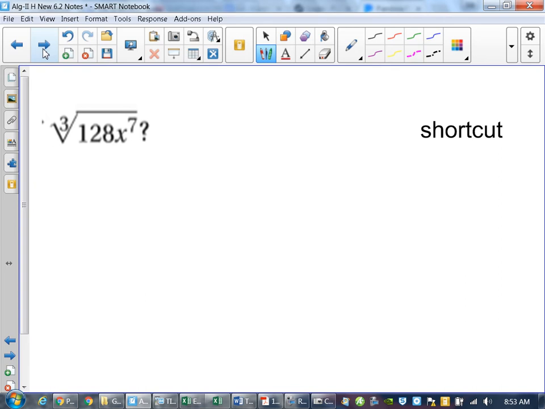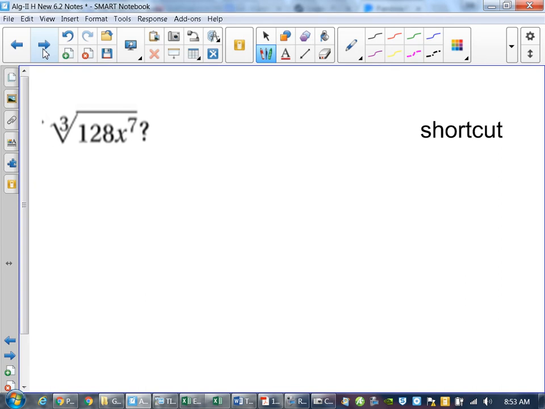Cube root of 128 x to the 7th. Let's simplify it. We have to think about what is a perfect cube that's hiding within 128? 64. Very good. 64 times 2 is 128.